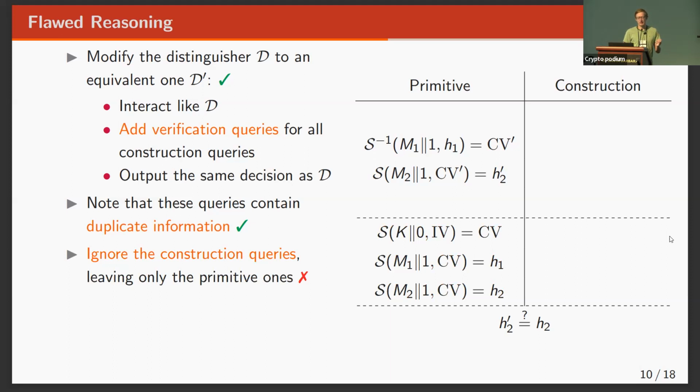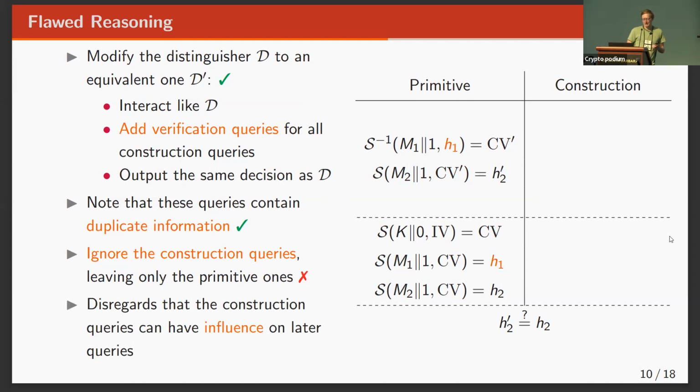But this cannot be done. This is a problem because it ignores that the output of the construction queries can have an influence on the later queries. So what we had is that the output of the first construction query was H1, and we actually use that value in our first inverse primitive query. And if we ignore the query, well, H1 is not there, so this does not work.